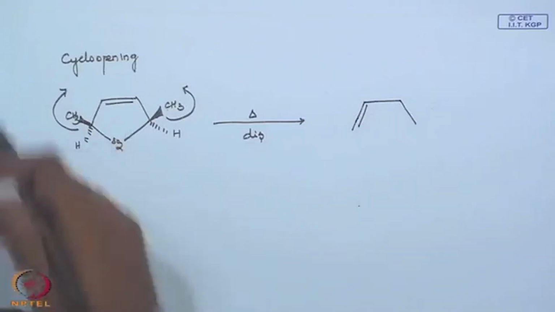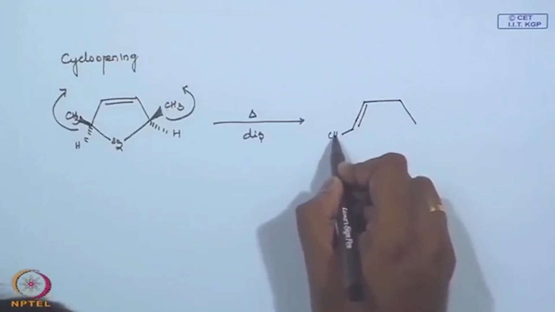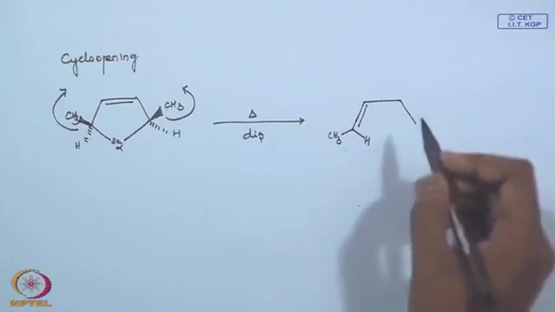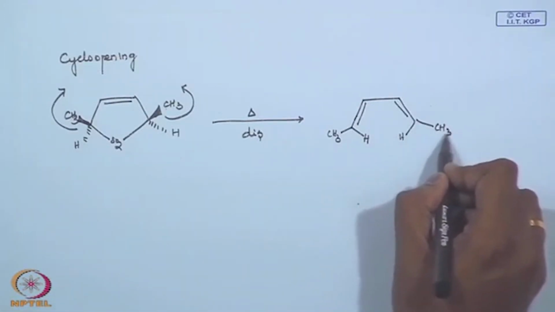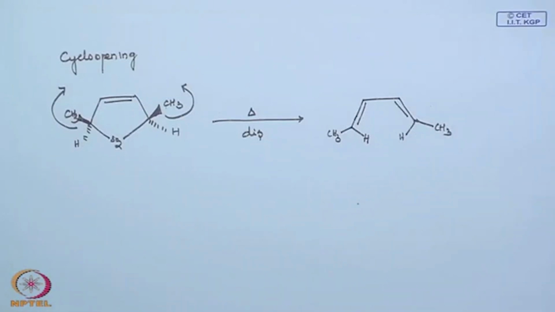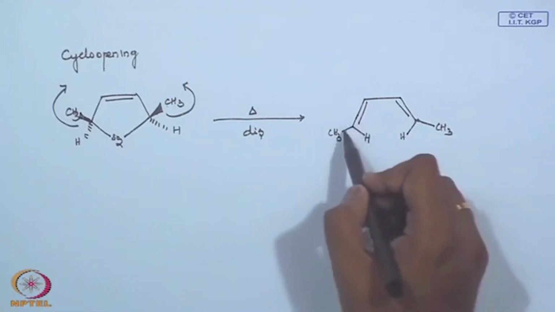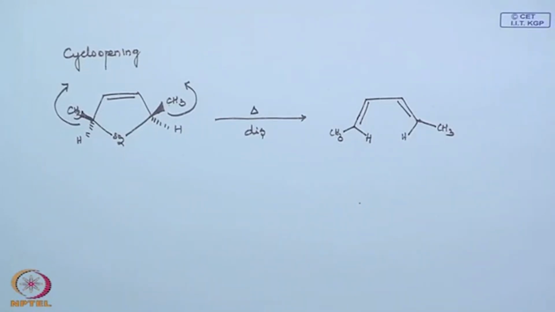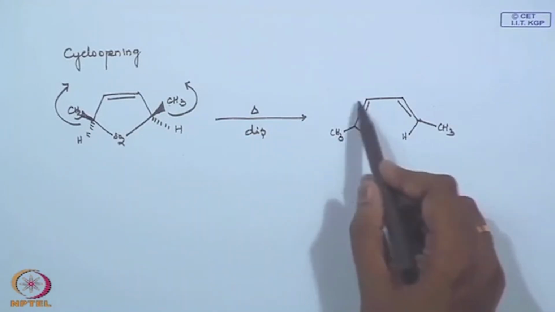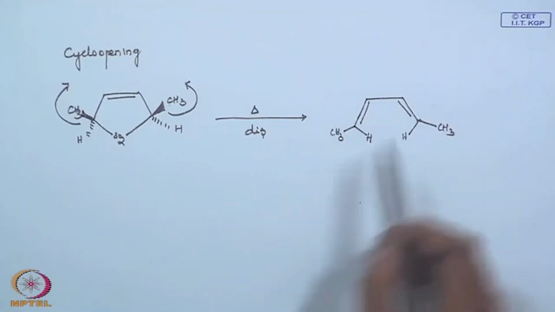So see, you get only this product. What is this? This is Z, Z. Opposite directions, yes, E.